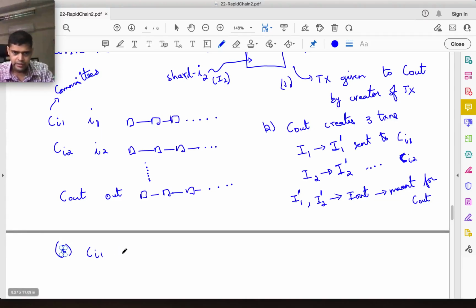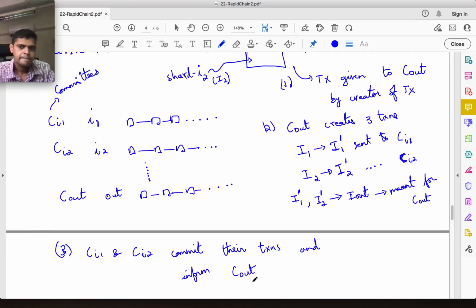See, I1 and I2 first commit their transactions. So that's the first two over here, and inform C out, right?